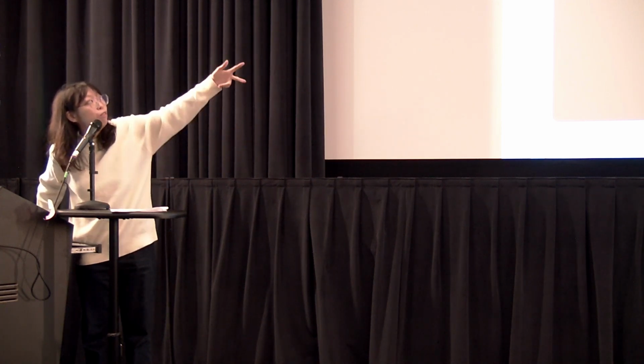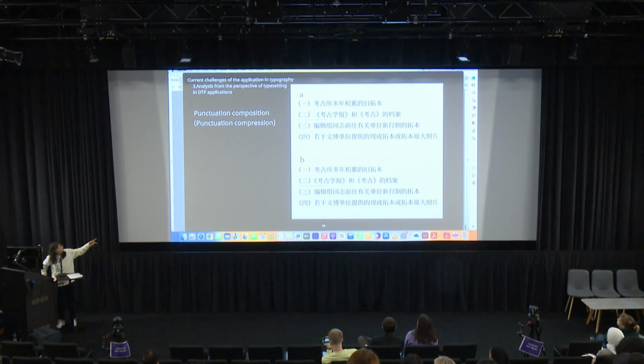But both example A and B are acceptable, and designers can choose how much they want to compress the punctuation by their own choice. It's totally different from the prohibition rule I mentioned. So this is the punctuation rule we can follow flexibly.